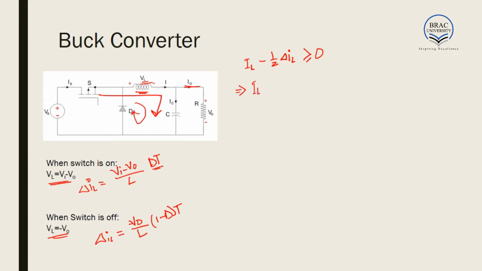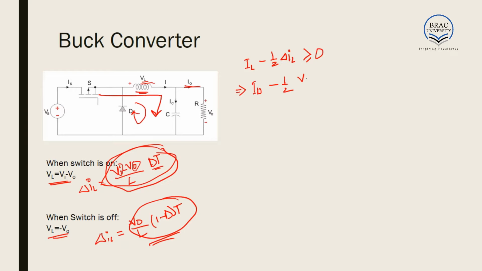So we can write IL is equal to I output, and del IL we can write as either this or this. Here we see del IL is dependent on both input and output, so using this for calculation will give a complicated result. As a result, we use this expression.